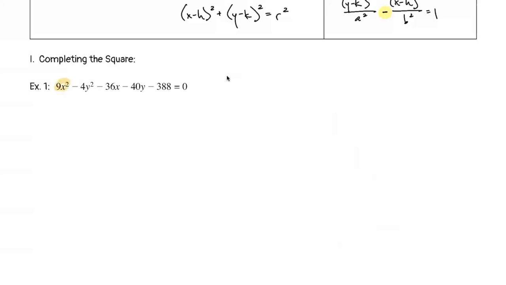And so we might have our x's, we have a 9x squared and a 36x. We'll write those together. And then we have a -4y squared and a -40y. And then we have this -388 that we're gonna say, hey, go sit on the other side while we take care of this completing the square. Okay.